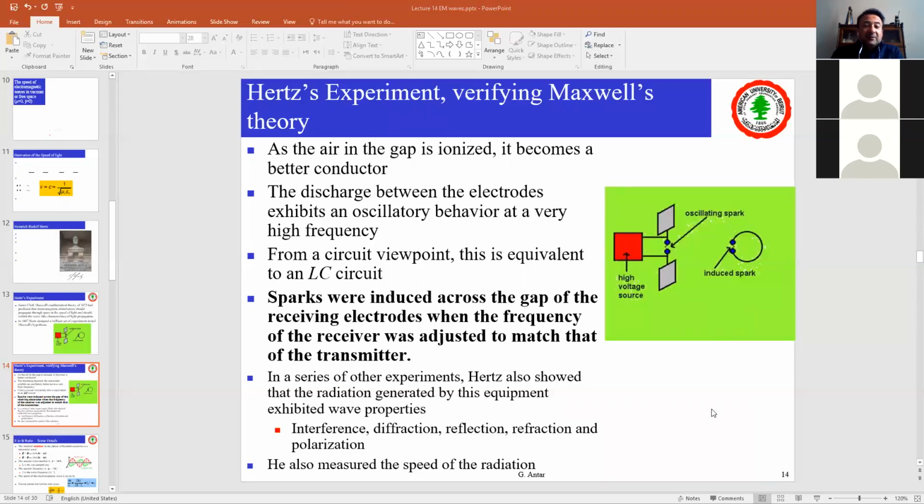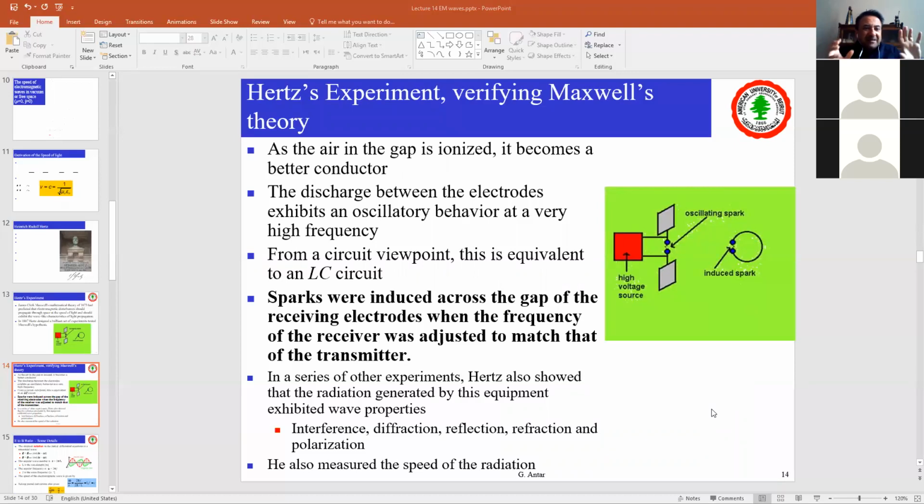And so what he deduced is that there is a propagation of waves going from one part to the other, and this propagation is almost instantaneous. And it has to take the form of an electromagnetic wave, right? Why? Because in order for these two spheres to have a charge, to have a spark, they must be charged.